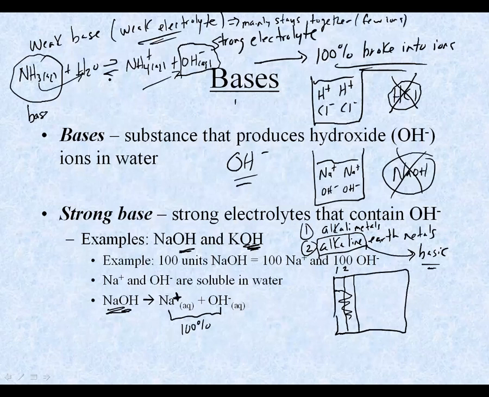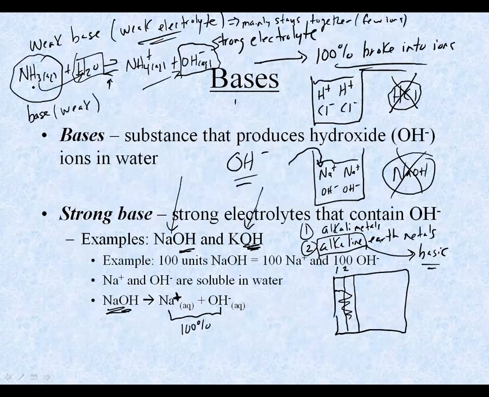But as we talked about, these arrows here indicate that it's a weak electrolyte, and that is why it is considered a weak base. Because in order for NH3, for example, to produce hydroxide, it pretty much has to find some water to do that. Unlike our sodium hydroxide and potassium hydroxide, in order for those to produce hydroxide, they essentially just need to go in for a swim. As soon as they go in for a swim, they're going to break apart into those ions.